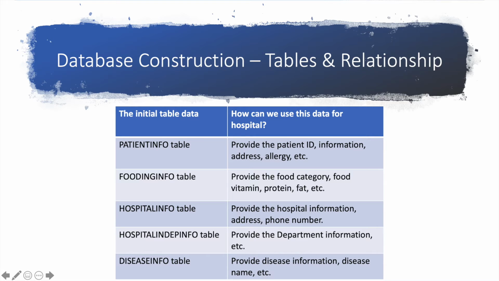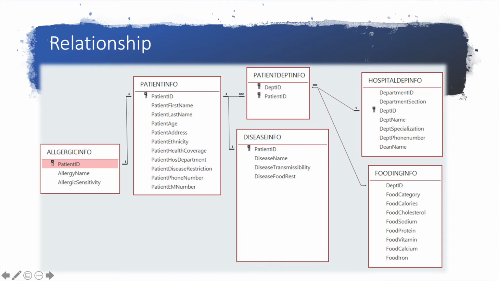Those 5 tables provide the initial idea to support the system, and that ensures we can make the system more detailed further. After we perfect the tables, we establish the relationships between them, as shown in the figure below.